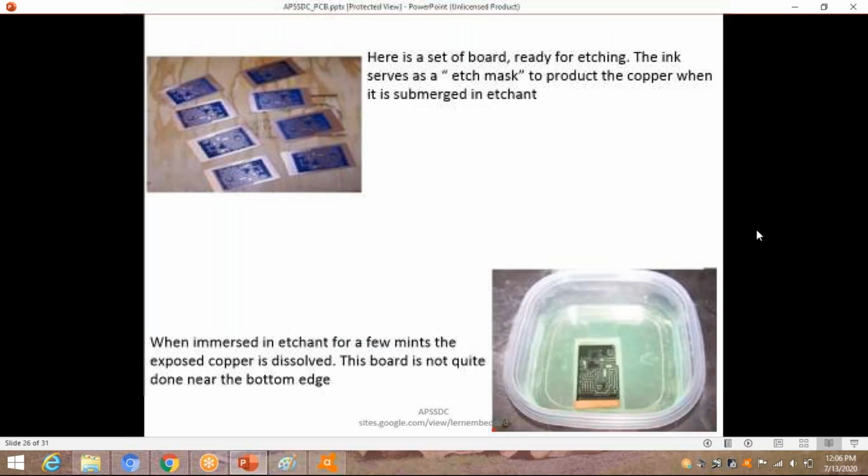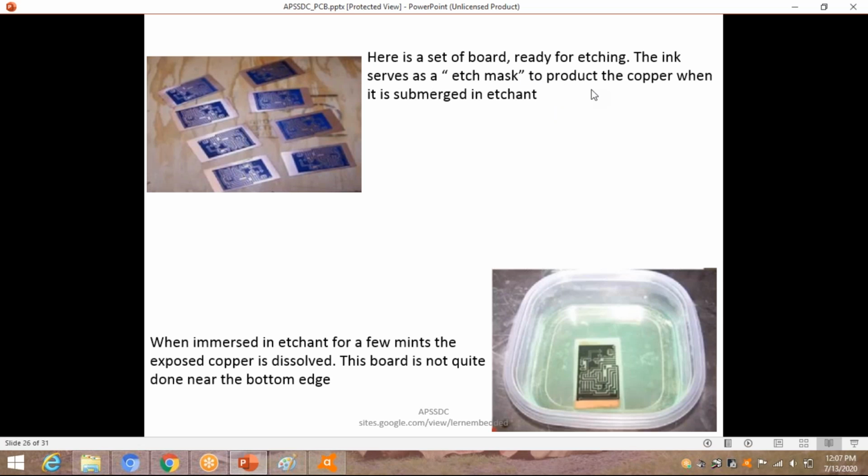Okay, going to the next process. You can observe on the top left, here is a set of boards ready for etching. The ink serves as an etch mask to protect the copper when it is submerged into the etchant.